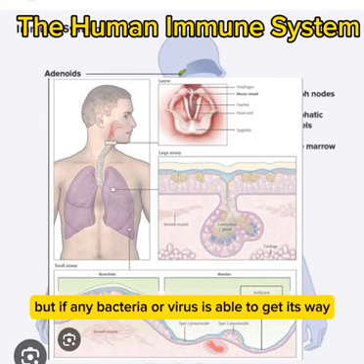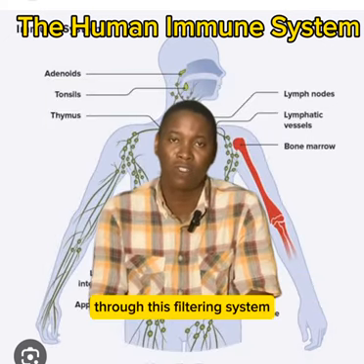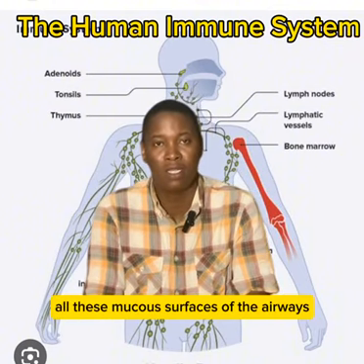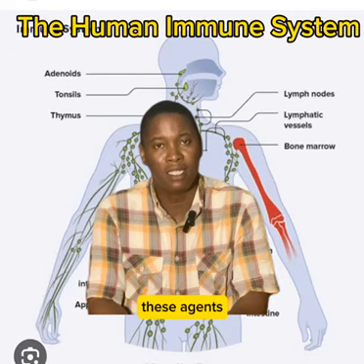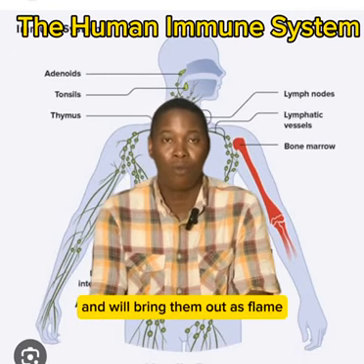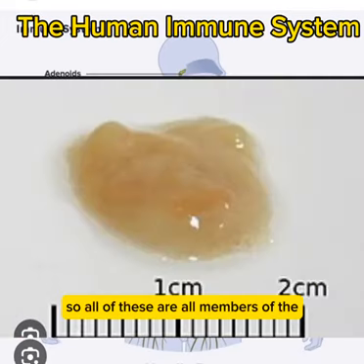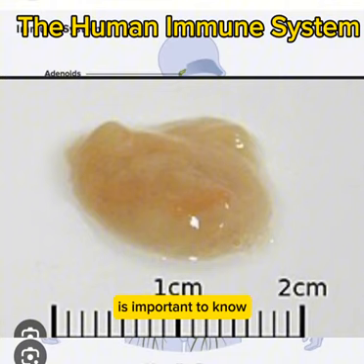But if any bacteria or virus is able to get its way through this filtering system, the mucus that lines all these mucosal surfaces of the airways helps to trap these agents and sends them back, and we bring them out as phlegm. So all of these are members of the innate immune system, and they are the first line of defense. It's important to know.